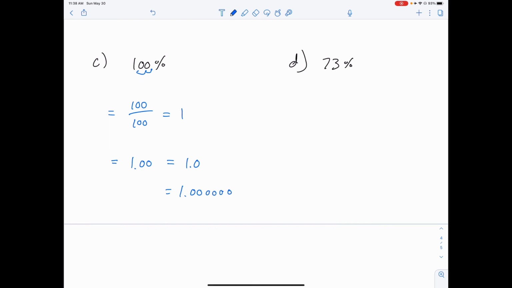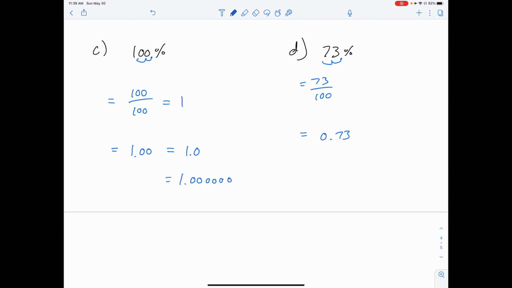The zeros in the back afterwards are just for accuracy, but all this is the same thing. It's all equal to 1. But remember, you have to write it as a decimal though. Last one, 73%. This is 73 over 100. For decimals, 2 spaces to the left, this is equal to 0.73.